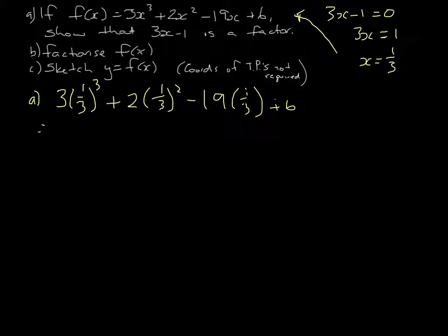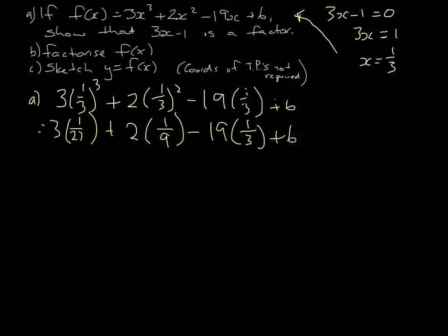This will be equal to 3 by 1/3 cubed is 1 cubed, which is 1 over 3 cubed is 27, plus 2 by 1 squared is 1 over 3 squared is 9. Take away 19 by a third plus 6, which is equal to 3 over 27. 3 goes into 27 3 times, so that's going to be 1 over 9 plus 2 over 9. Take away 19 over 3 plus 6.